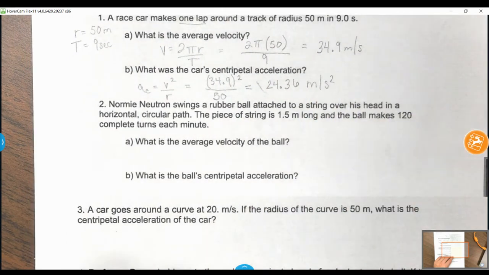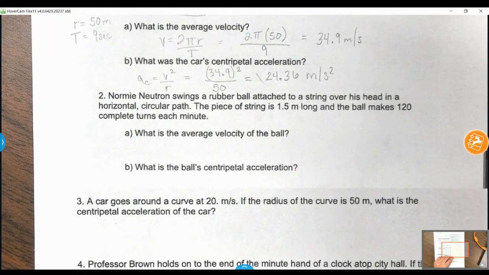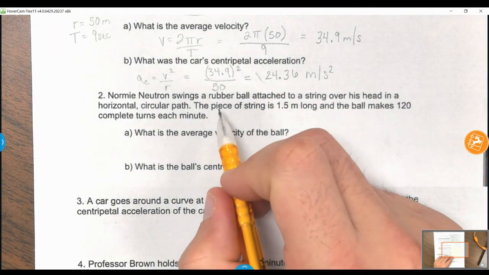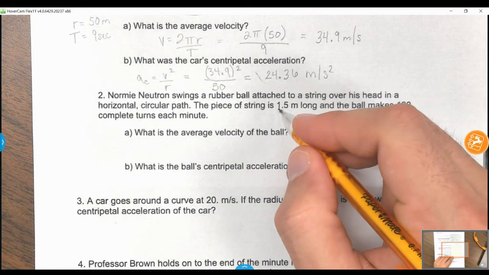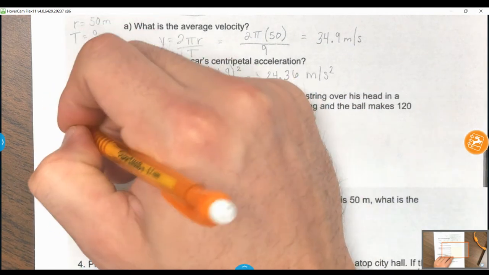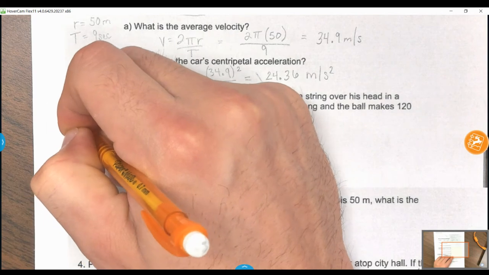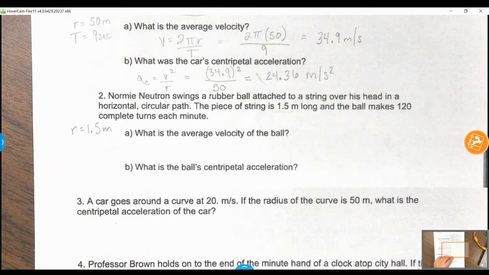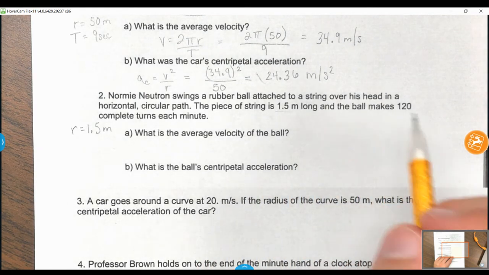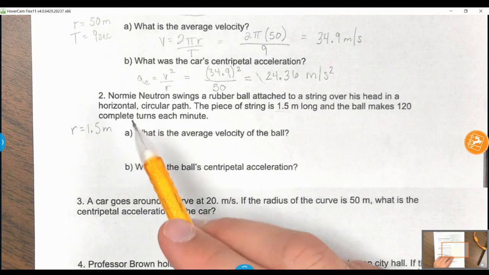Let's figure out what pieces of information we have. The fact that the string is 1.5 meters long, that is going to be its radius. So we do have a radius of 1.5 meters. Now it tells us that the ball makes 120 complete turns each minute.